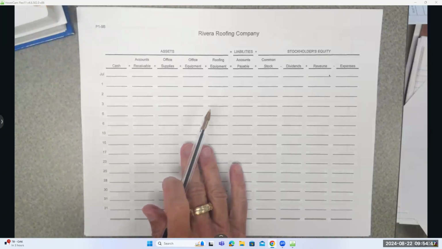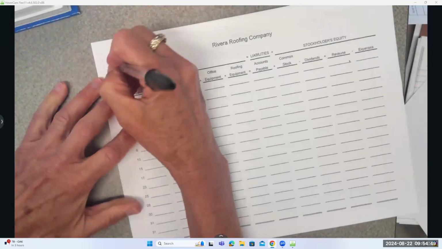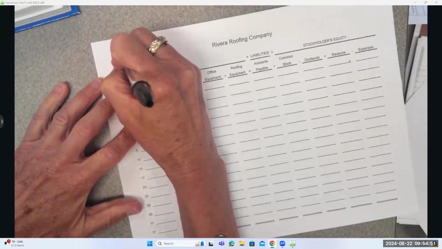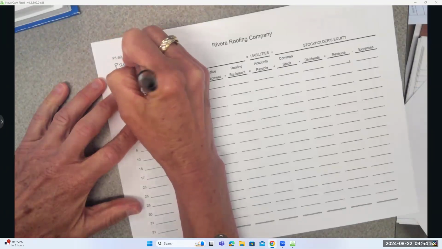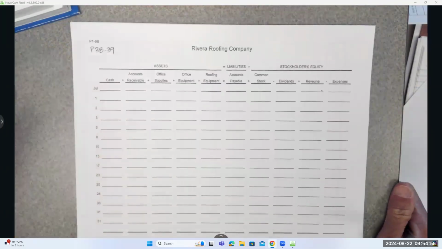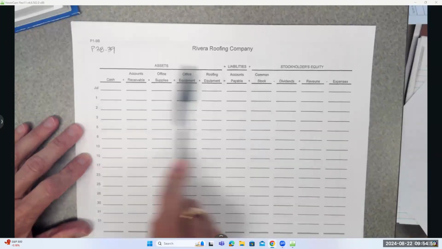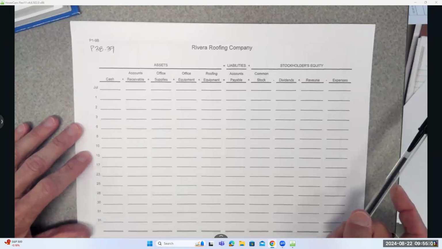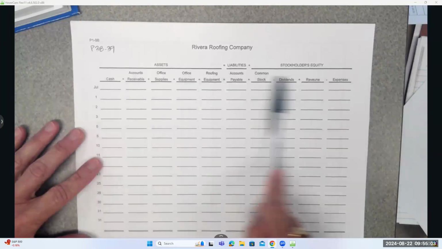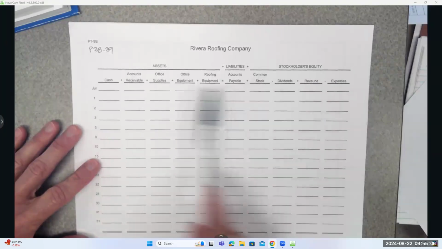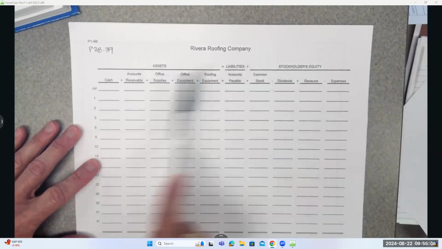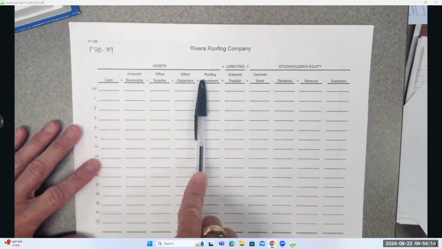So this is on page 38 and 39. Starts on 38, finishes on 39, and it gives us the chart of accounts in the problem in Connect. This should already be set up for you for your homework problem. Have your accounting equation on the top and the different accounts that we will need.